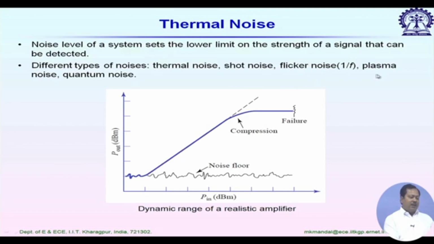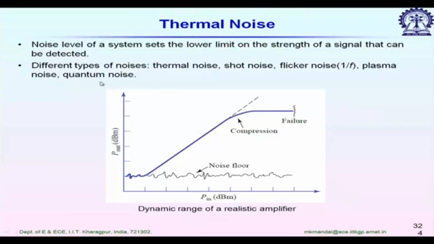Then we have plasma noise. Let's say we are sending some millimeter wave signal through the ionosphere or some charged medium. In that case, the charged particles will also vibrate due to thermal agitation, and due to that we have some contribution of noise.